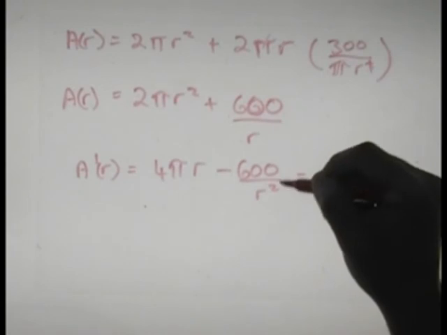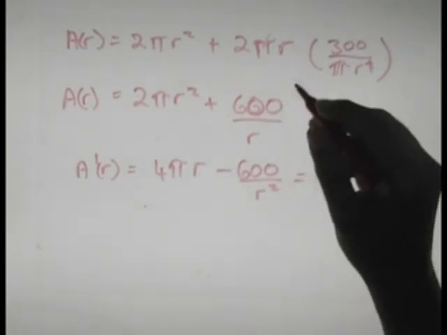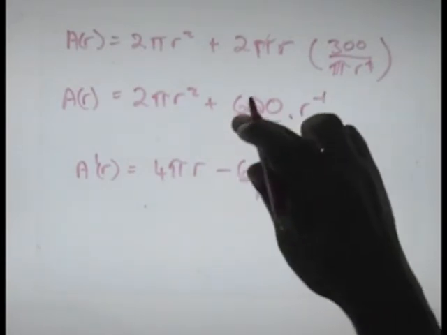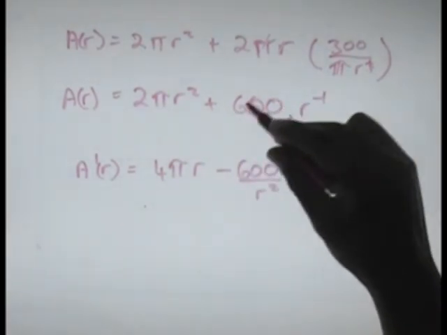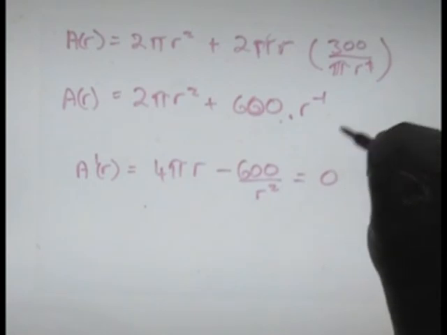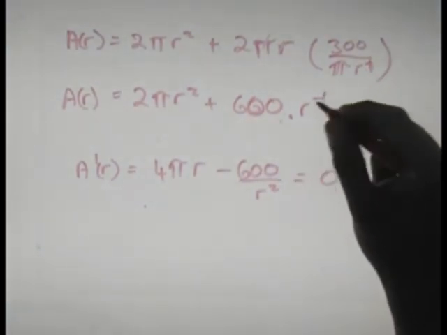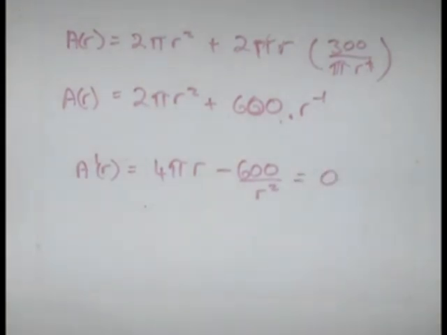Minus 600 over r squared, because 600 over r is the same as 600 multiplied by r to the minus 1. Minus 1 times positive 600 is minus 600. Minus 1 minus 1 will give me minus 2, which takes it to the bottom.